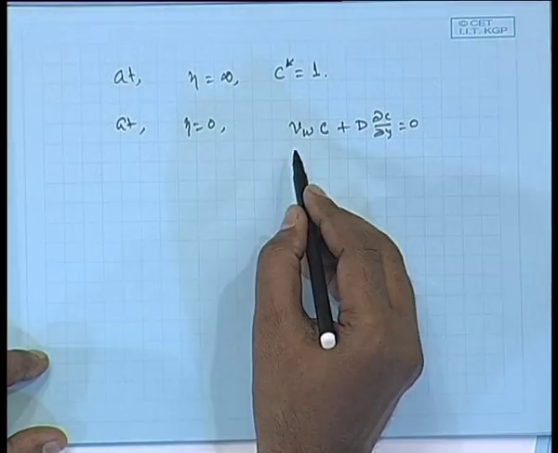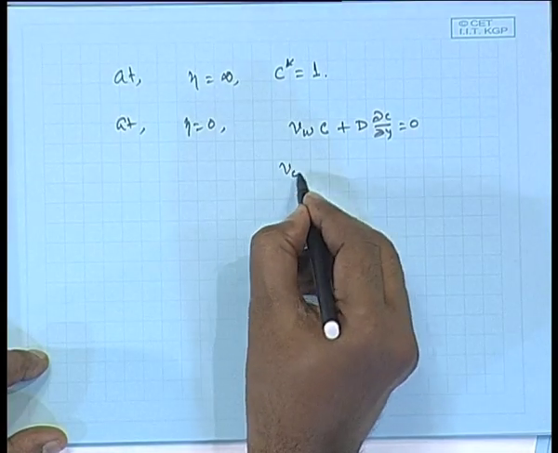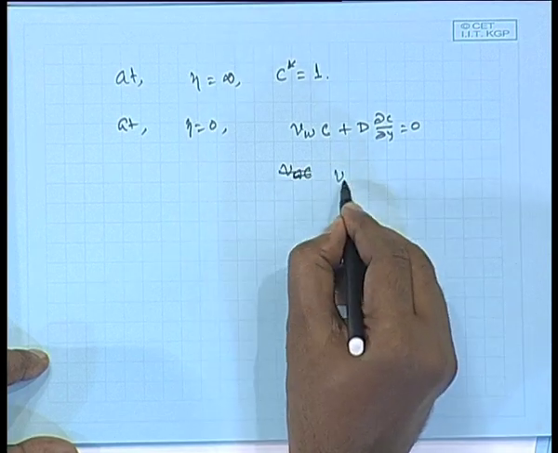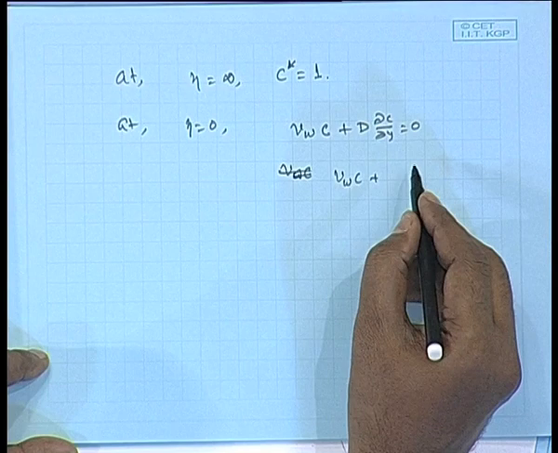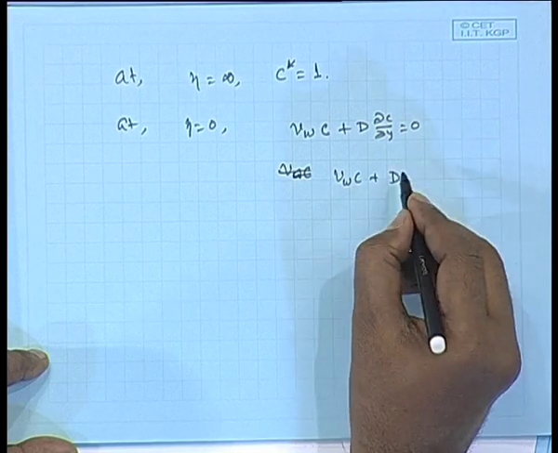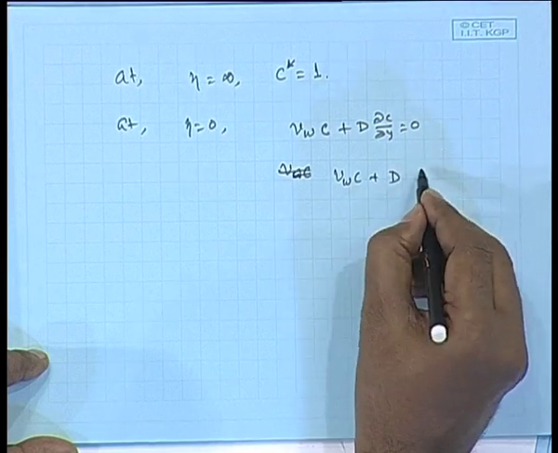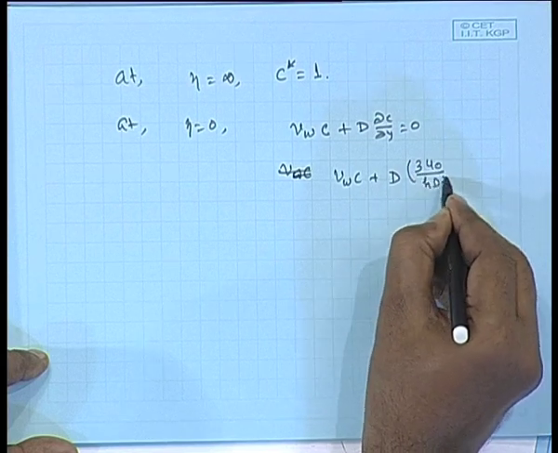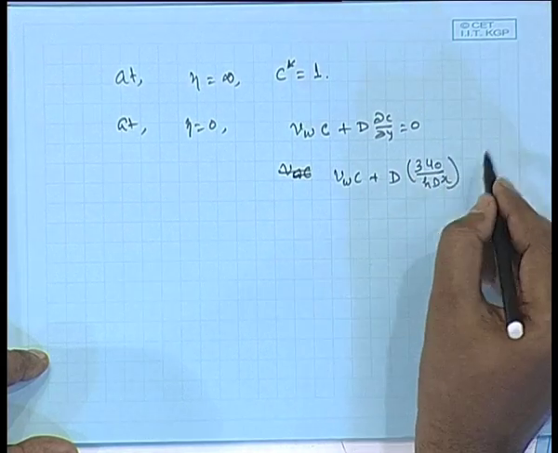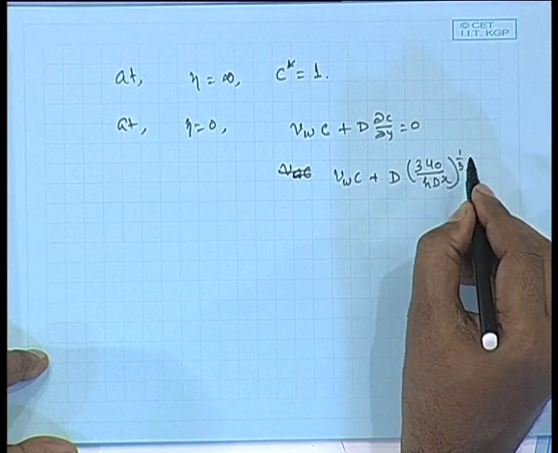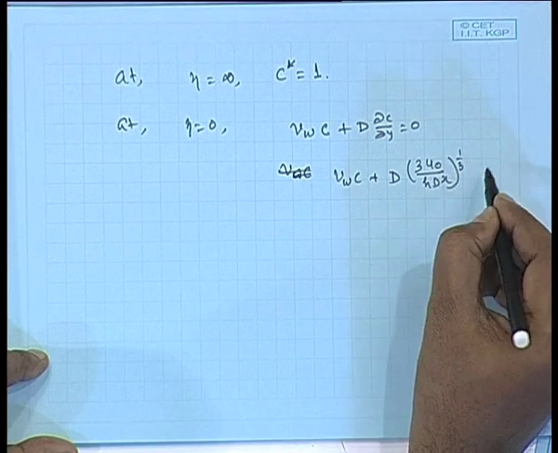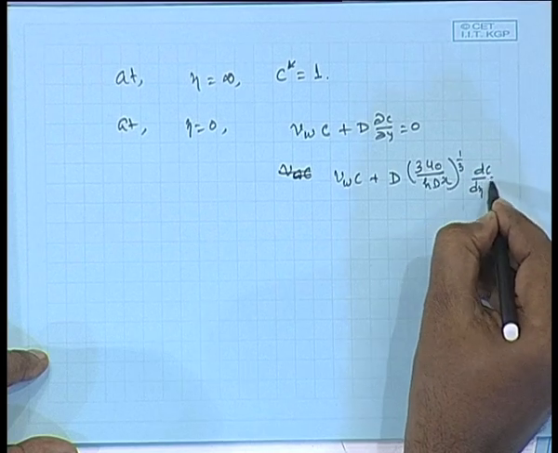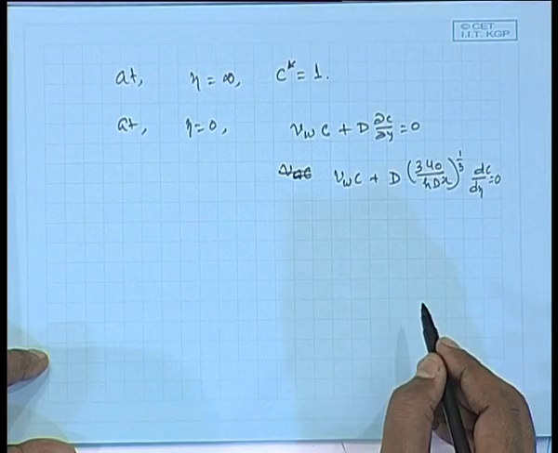Del c del y was dc d eta, so Vw C plus D times (3 u0 by h D x) raised to the power 1 upon 3 dc d eta, right.